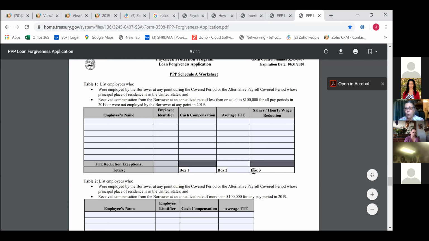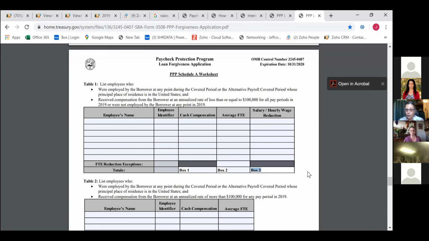Those were the 4 reasons that I gave you that would go in there. So it would either be employee doesn't want to come back, they're terminated for cause, they accepted the work reduction in hours, or they voluntarily resigned. So those are the 4 that would go in box 3.